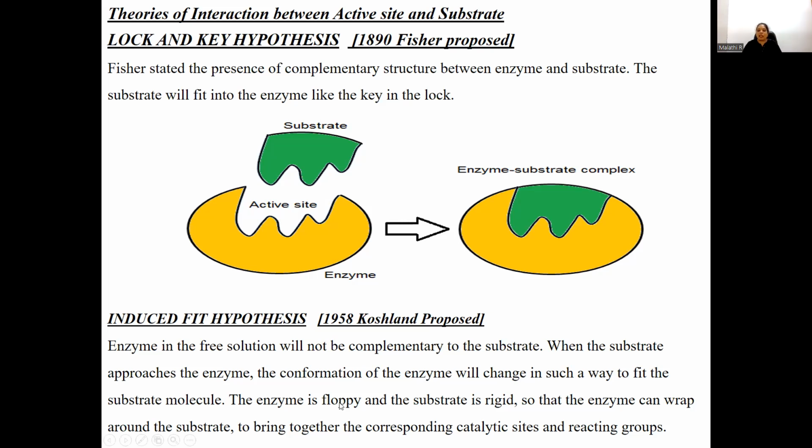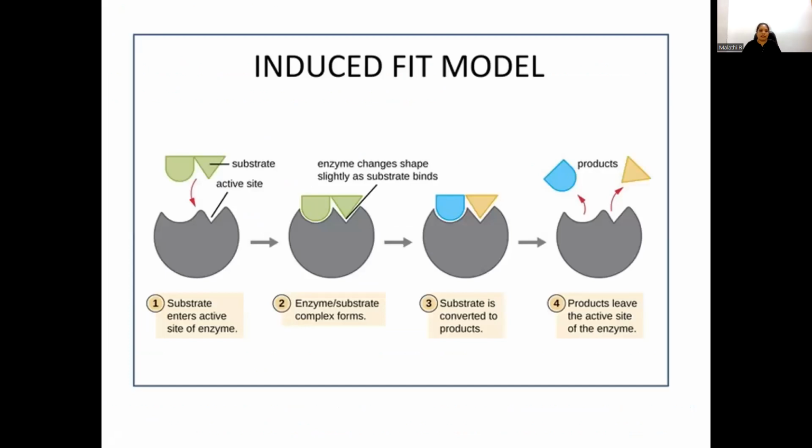The enzyme adjusts itself and wraps around the substrate so that the enzyme substrate complex is formed. This conformational change happens to the enzyme and not to the substrate, which is rigid in structure. The enzyme substrate complex formation leads to the production of product as well as the enzyme back.